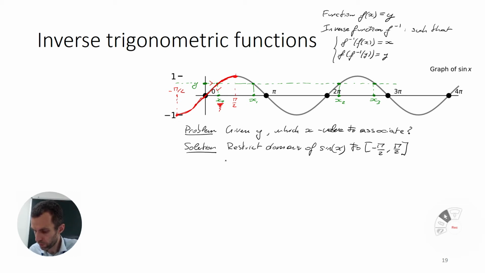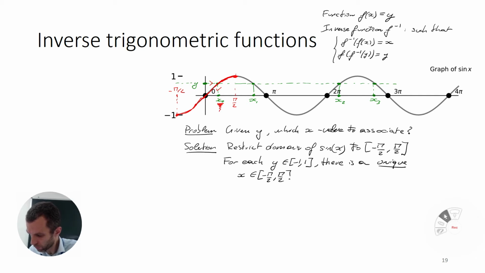So for each y in the interval minus 1, 1, there is a unique x in minus pi over 2, pi over 2, such that sine x is equal to y.